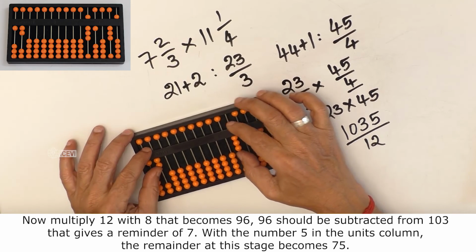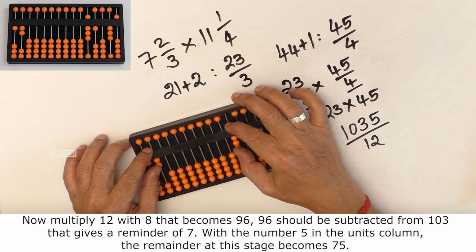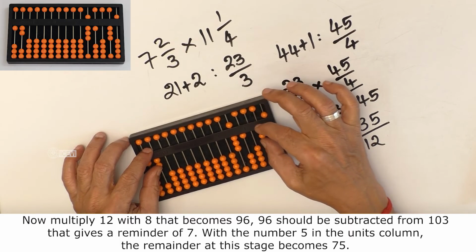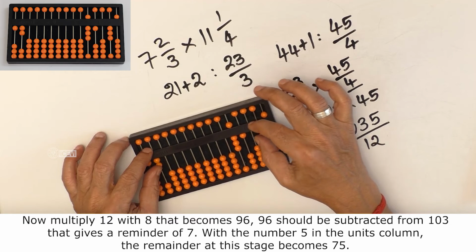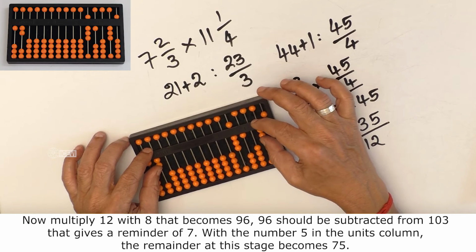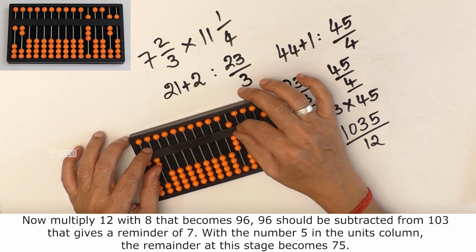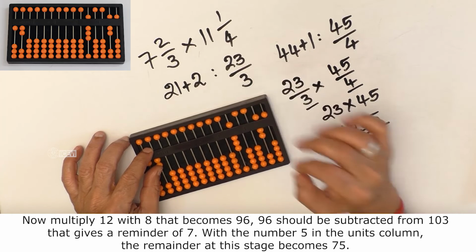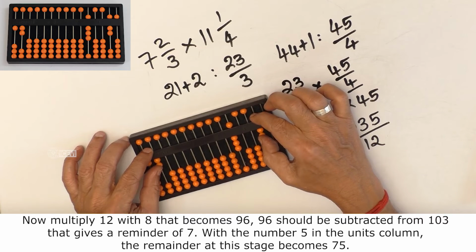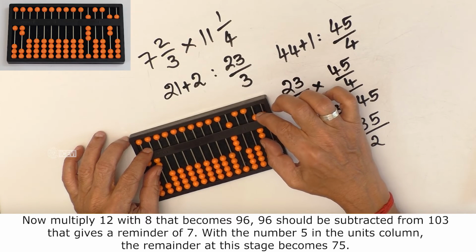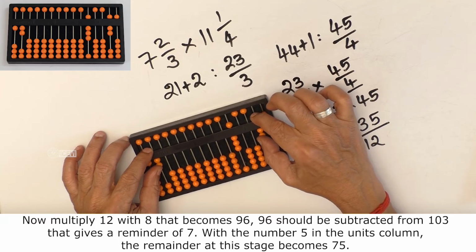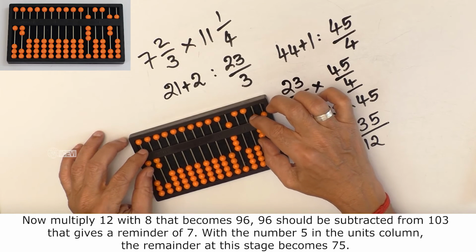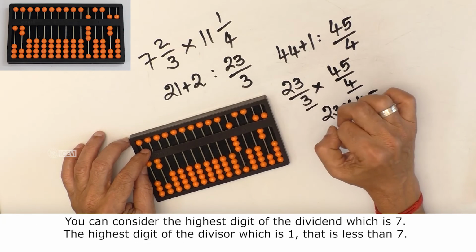Now multiply 12 with 8, that becomes 96. 96 should be subtracted from 103. That gives a remainder of 7. Now with the number 5 in the units column, the remainder at this stage becomes 75.